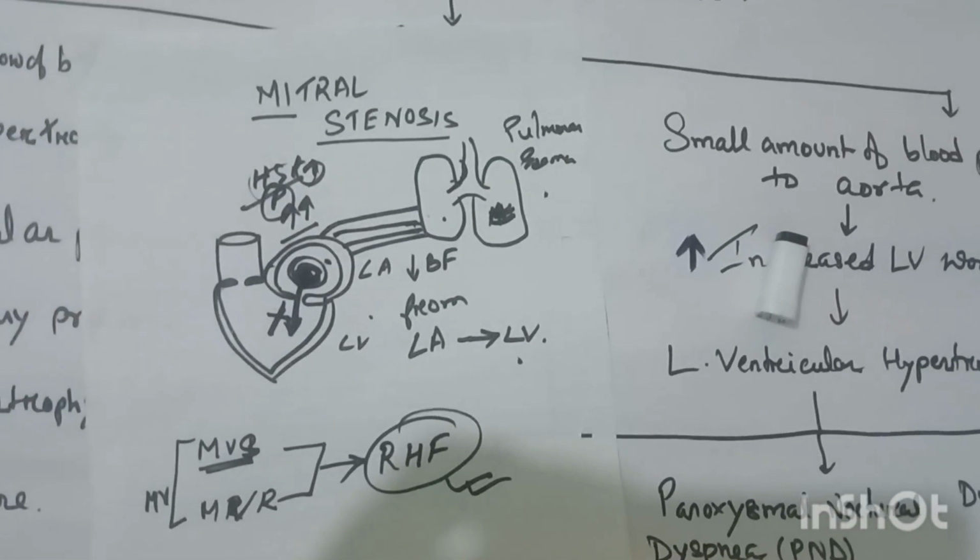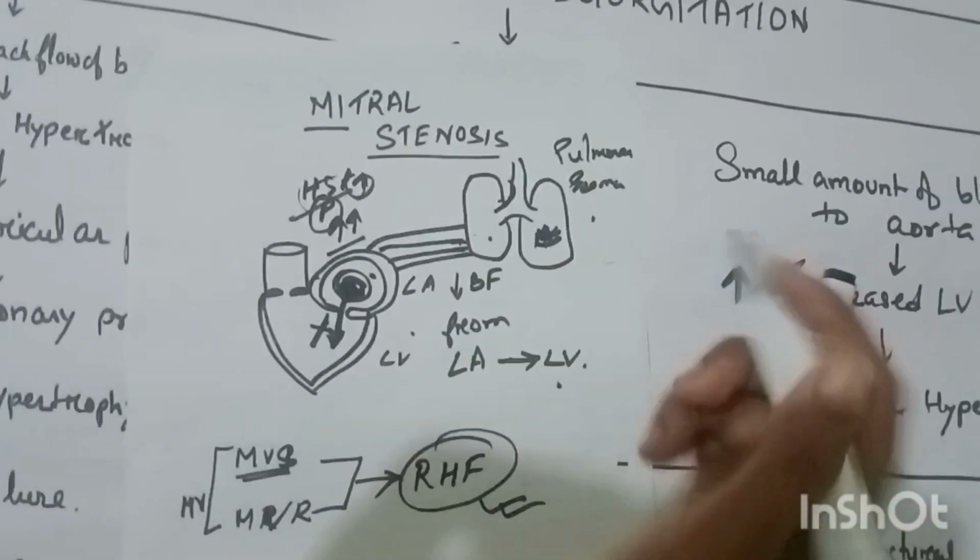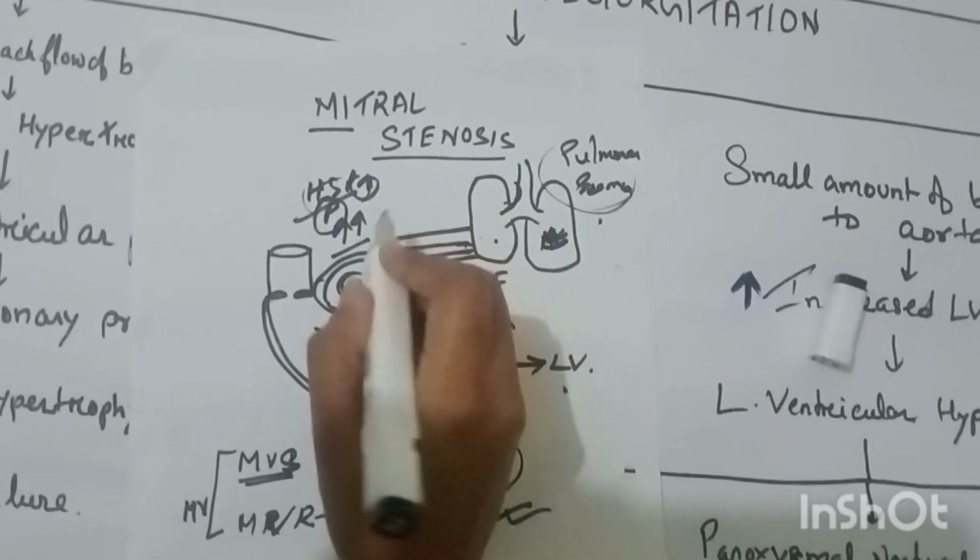Because of some reasons we can see pulmonary edema in mitral stenosis.